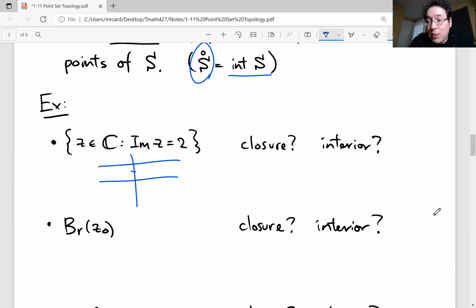The horizontal line's boundary is itself because every disk around a point on the line is going to include part of the line and also outside of the line as well. You go a little bit above or below and you get a set outside of it. So it's on the boundary of itself. So the closure is itself. There's no interior point. So the interior of the horizontal line is an empty set.